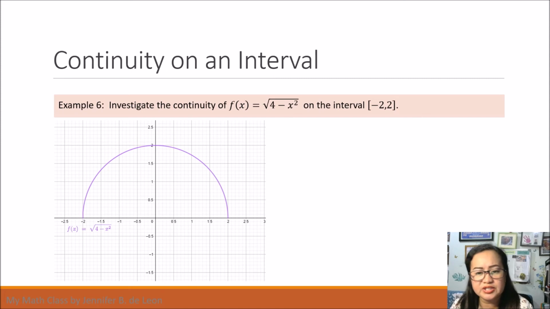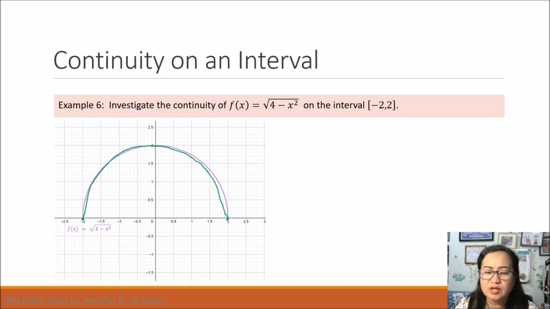Now let's have example number 6. Investigate the continuity of f of x equals the square root of 4x minus x squared on the interval from negative 2 to positive 2. Here is negative 2, then positive 2. So we graph. From the left of positive 2, we can trace the graph continuously without lifting our pen until we reach positive 2.